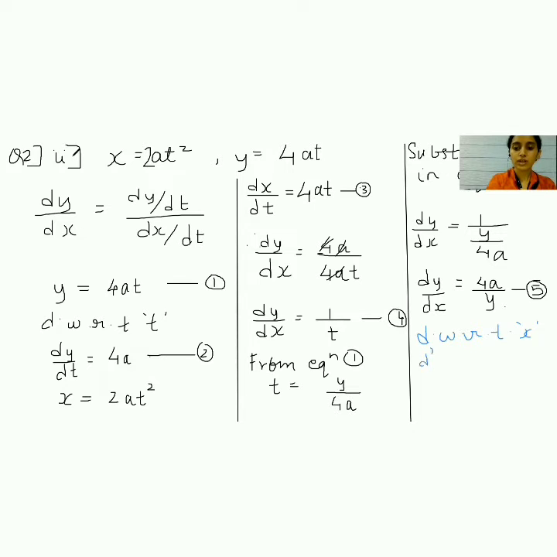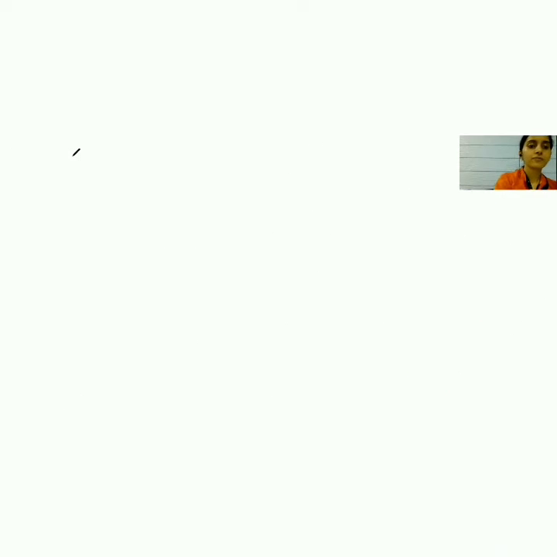So d2y by dx square is equal to d by dx of 4a upon y. Now in this 4a is a constant and y has to be differentiated with respect to x. So we'll have d2y by dx square is equal to 4a outside common, and differentiation of 1 upon y, minus 1 upon y square dy by dx.